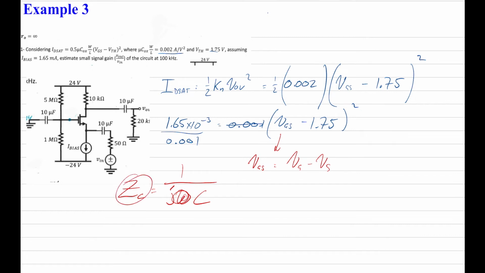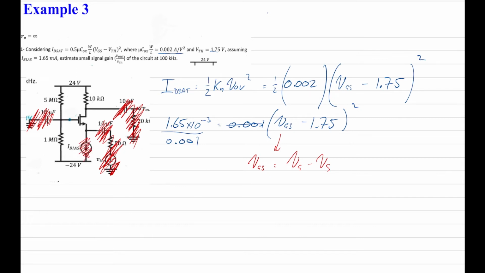In other words, we effectively open circuit the capacitors. So we'll cross the capacitor out over here, and over here, and everything else disappears because it does not connect to the circuit. We also short circuit any DC voltages, and we open circuit any DC current sources as well. So we're going to open circuit that thing over there.